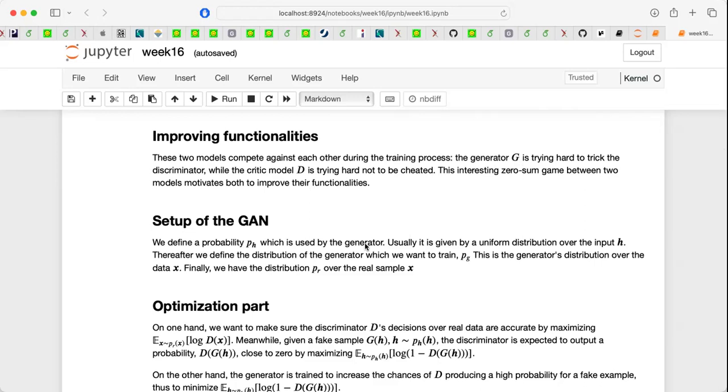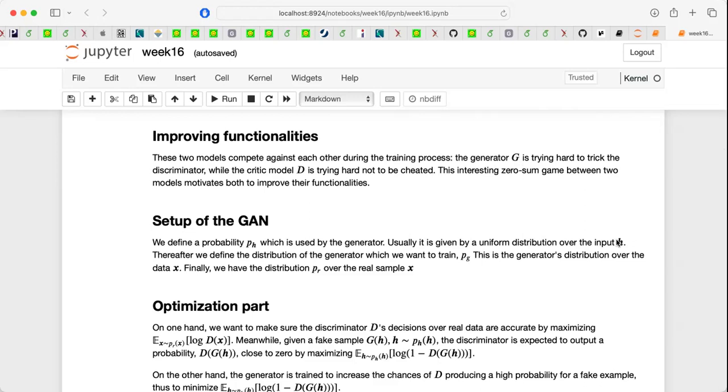This is often a probability which is given by you, a probability distribution which is easy to train and easy to sample from. It's often given by even a uniform distribution. You can use a Gaussian or you can use a binomial, depending on the type of data you're training. And that produces a uniform output for this latent variable H.